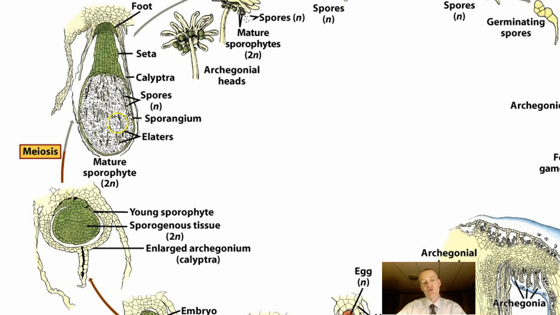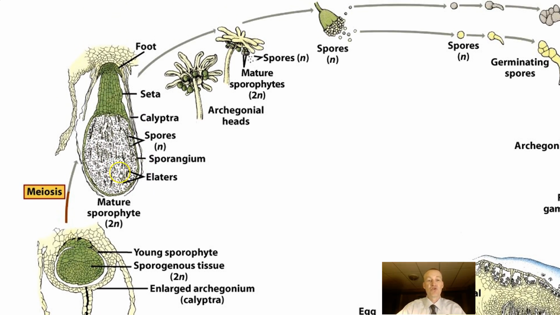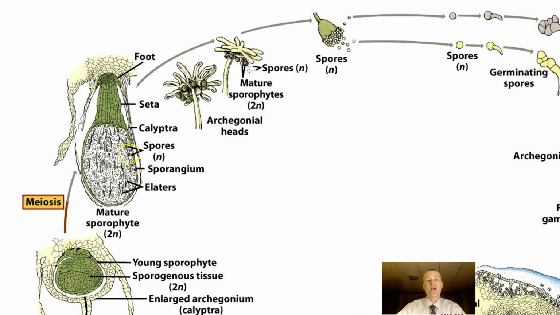There are these little structures called elaters in there, and these will dry up and then twist as they dry to disperse the spores. They'll twist and curl, and eventually the sporangium will open up and they'll shoot the spores or drop the spores out of the sporangium.